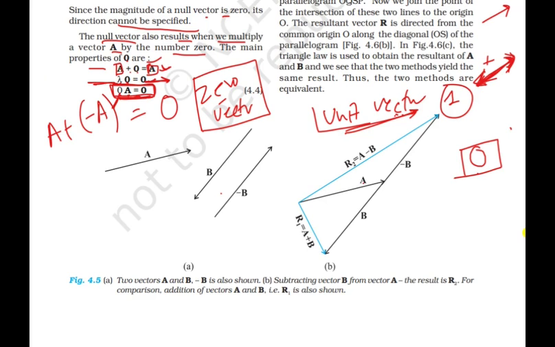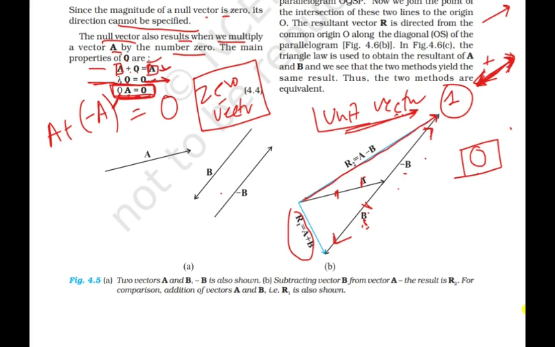See the difference between this vector and this vector. B is the positive vector, so for minus b its direction has been changed, while the magnitude will be the same. Minus b will be opposite to the direction of b, so its resultant will be completely different. This will be the resultant, and for positive vectors a and b, the resultant will be this.